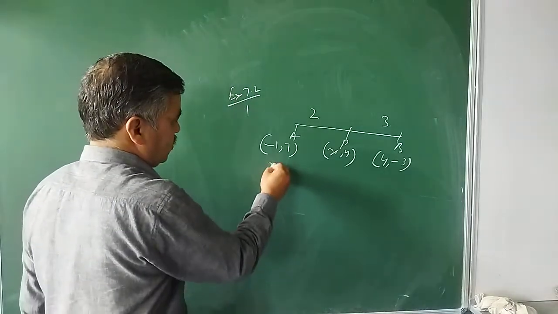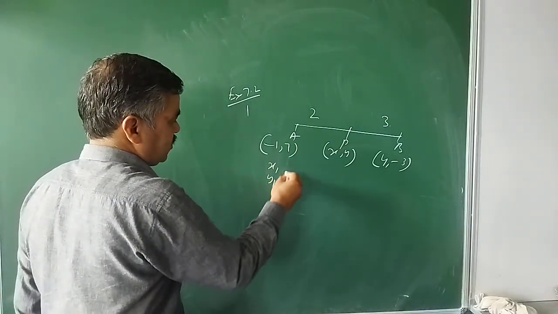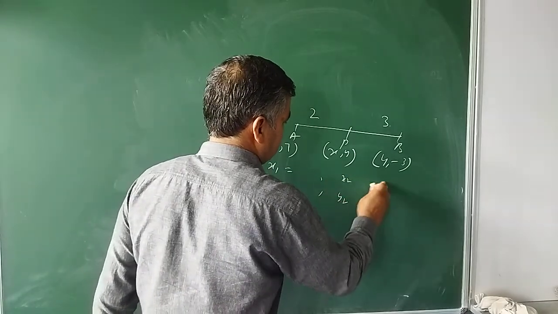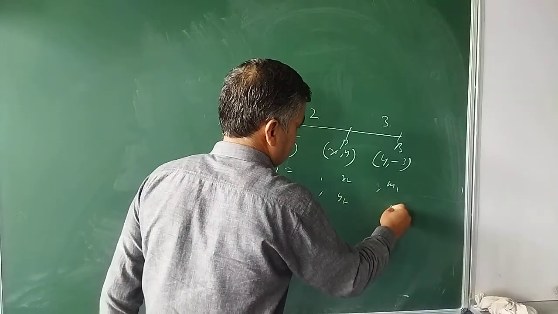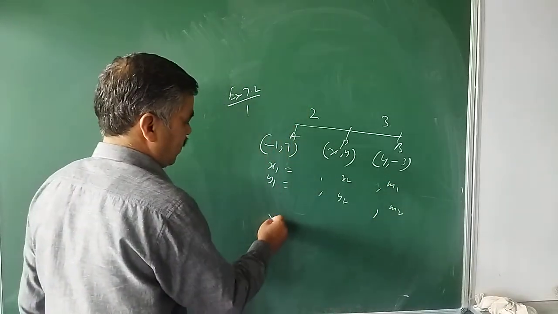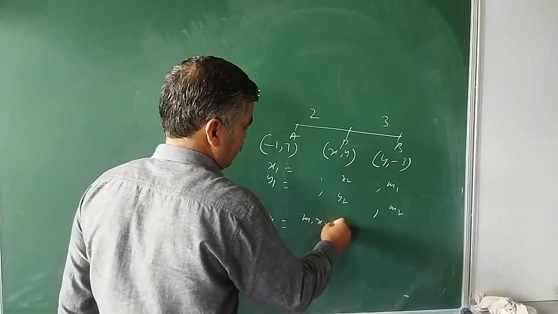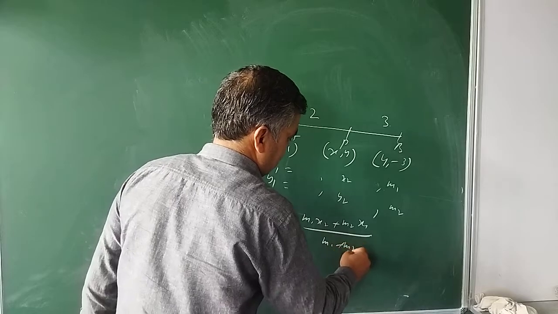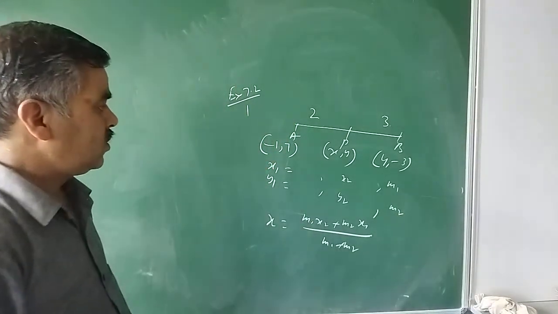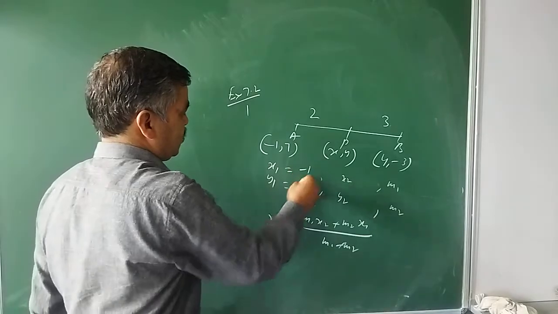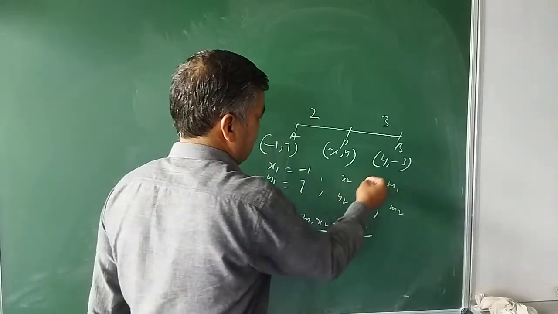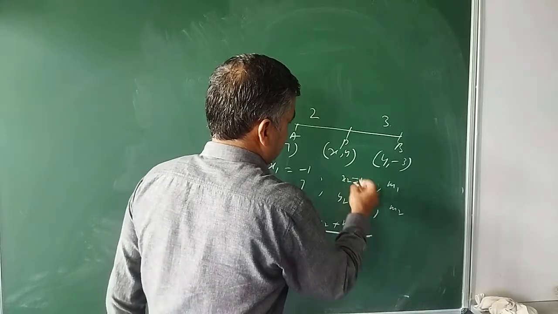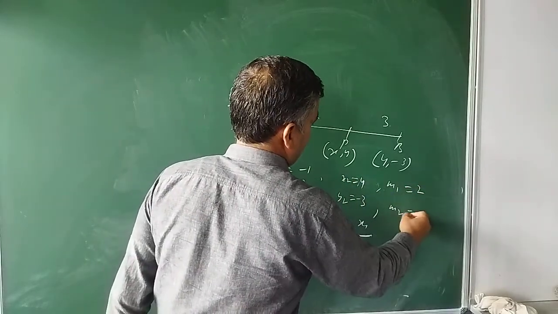So better you always write down what is x1, y1, what is x2, y2, what is m1 and what is m2. Then write the section formula: x is equal to m1 x2 plus m2 x1 divided by m1 plus m2. So here x1 is -1, y1 is 7, x2 is 4, y2 is -3, m1 is 2 and m2 is 3.